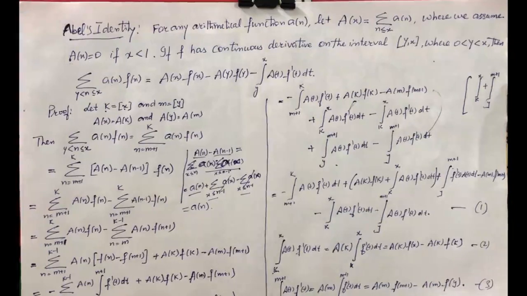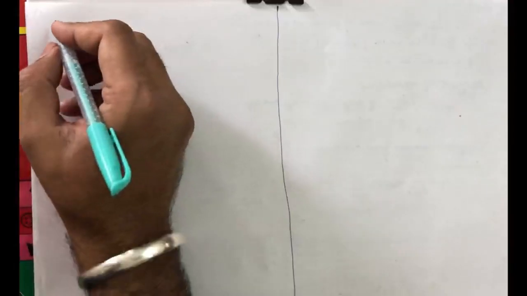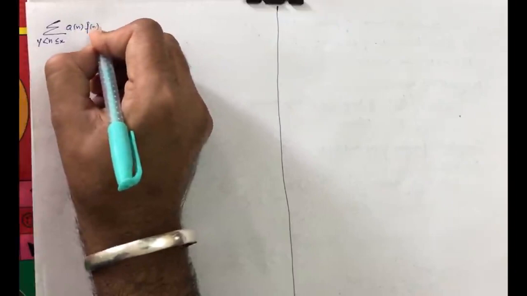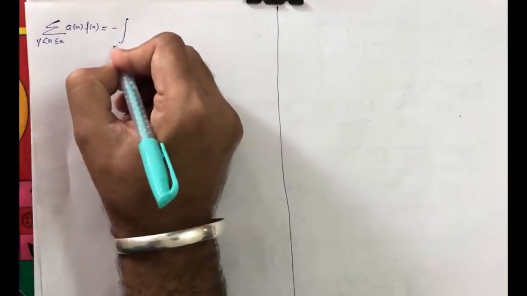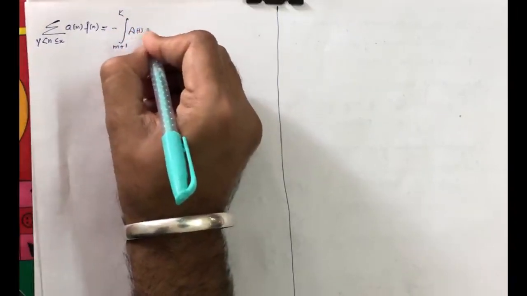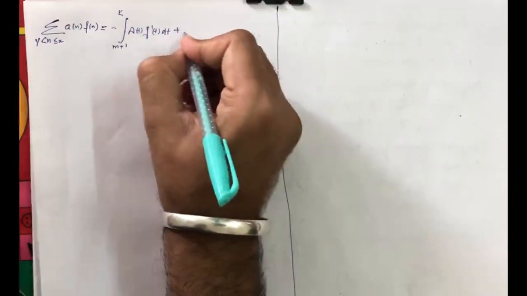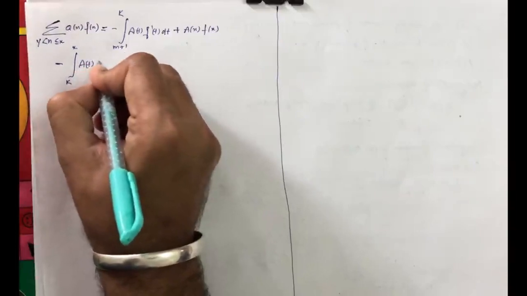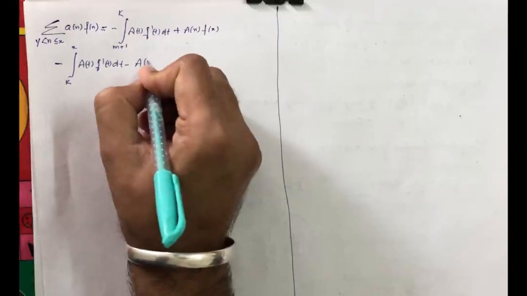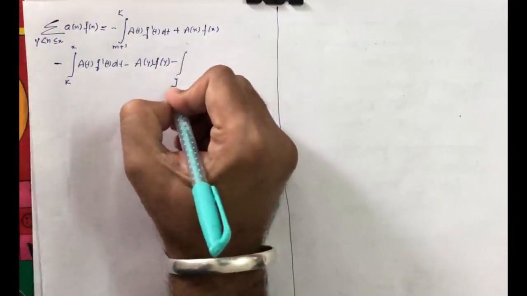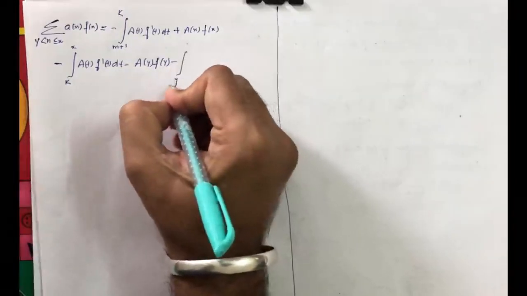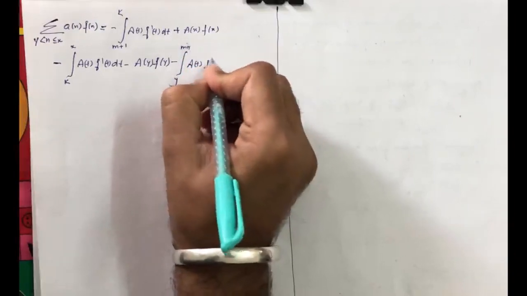So using 2 and 3 in 1, the sum over y less than n less than or equal to x of an f(n) equals the integral m plus 1 to k of A(t) f'(t) dt, plus A(x) f(x), minus the integral k to x of A(t) f'(t) dt, minus A(y) f(y), plus the integral y to m plus 1 of A(t) f'(t) dt, minus the integral y to m plus 1 of A(t) f'(t) dt.